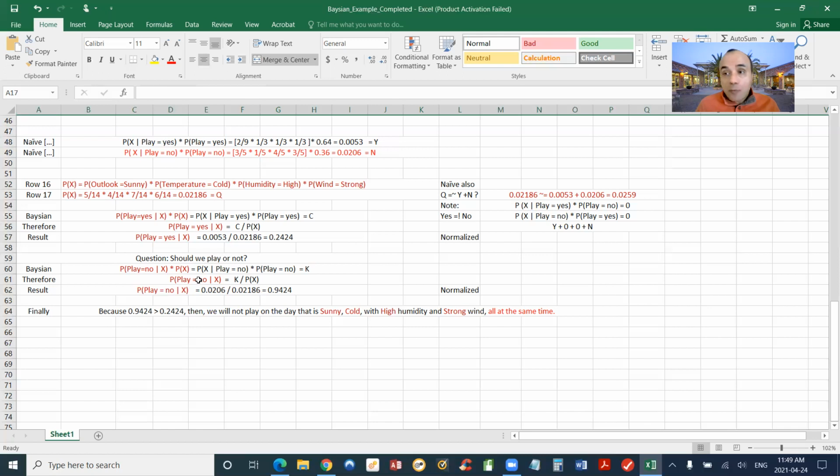What's the probability I'm not playing? It is equal to K divided by PX. So what do I get? The probability of X happening and I'm not playing is equal to K. This constant, this K, has already been calculated here, 0.0206.